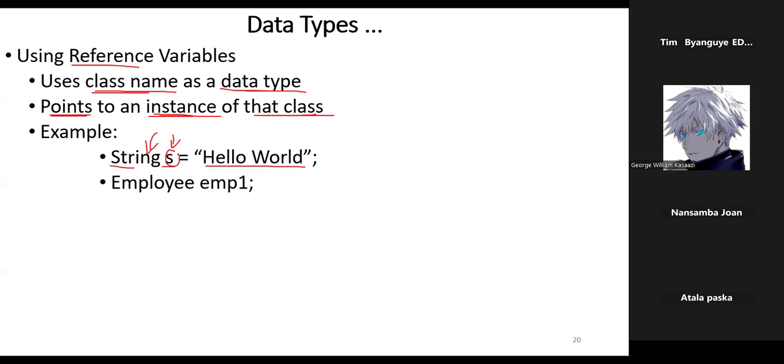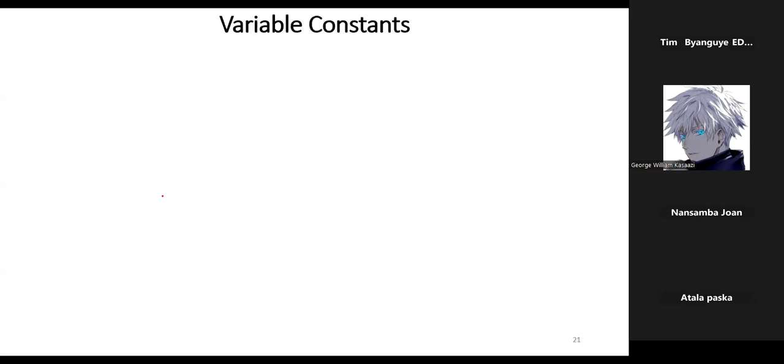So s is mine, but the String class was created by someone else to hold this kind of information. So s will be a reference to the String class that is holding the information hello world. The same applies to this: emp1 is a reference that just points to the Employee class, and now we can store our information in the Employee class.